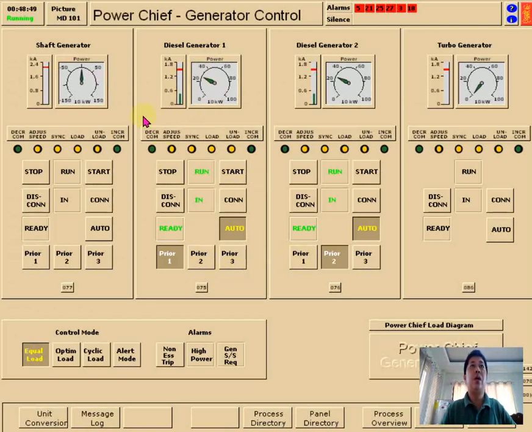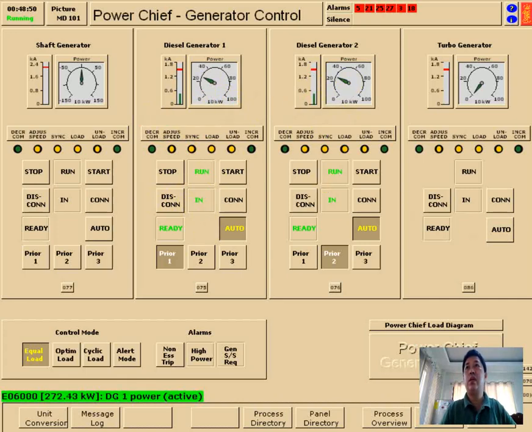the DG1 will automatically start and automatically connect the breaker, and number 1 will take the load, and some of the load of number 2 will transfer to number 1 and they have load sharing.